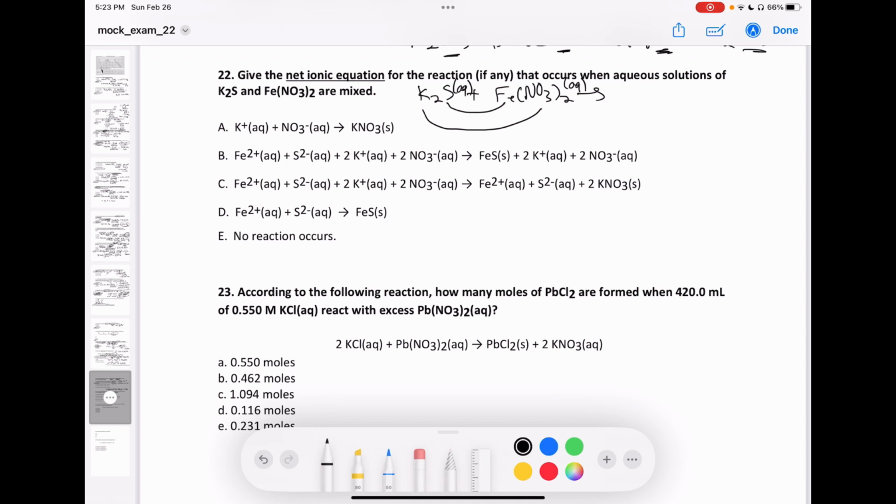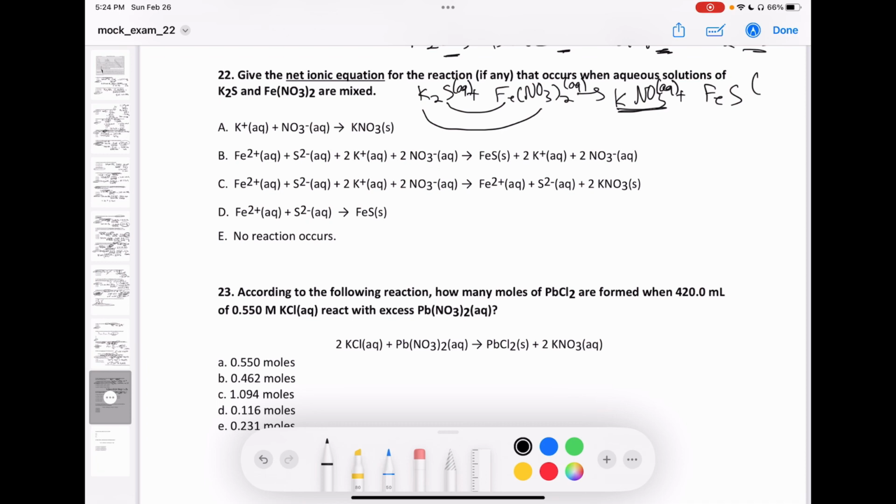So this will create FeK2 plus, that was way wrong, KNO3 plus FeS, and then KNO3 is always soluble because it's got a group 1 metal and a nitrate, so we know that's going to be aqueous.